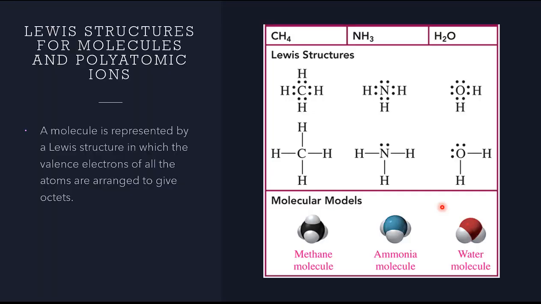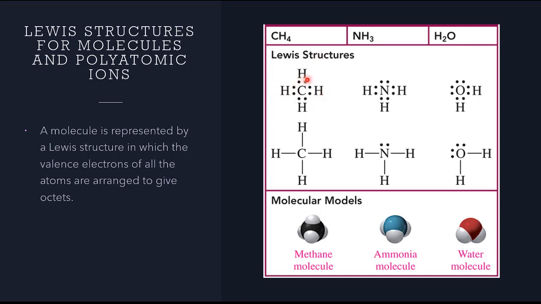So in a Lewis dot structure, a molecule is represented by a Lewis structure in which the valence electrons of all the atoms are arranged in order to give an octet. So for example, we can see the Lewis dot structures for methane, CH4, for ammonia, NH3, and for water, H2O. All right, again, you'll notice a few differences in these different models.